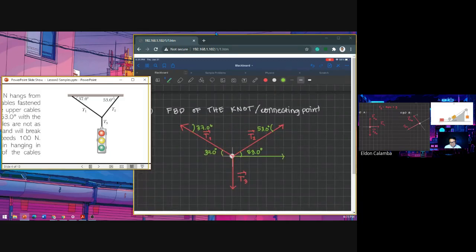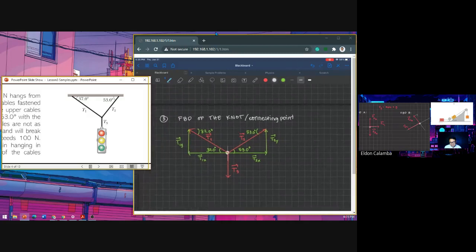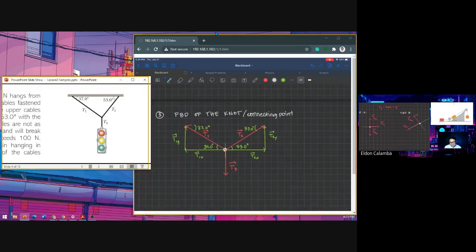You have T2x, then you have T2y. And then you have T1x, T1y. Ayan. Next is, let's express our T1, our x's and y's.